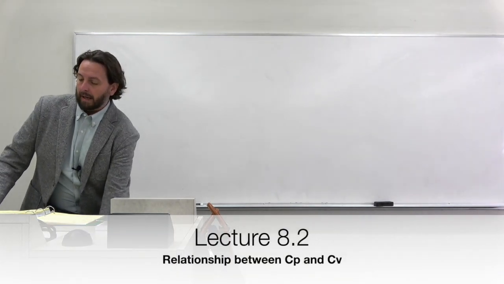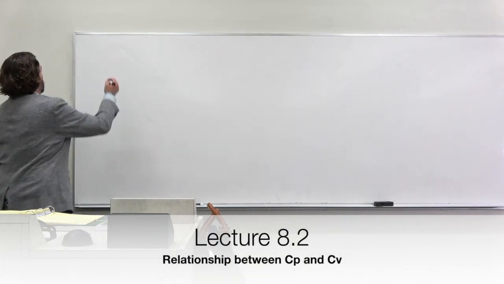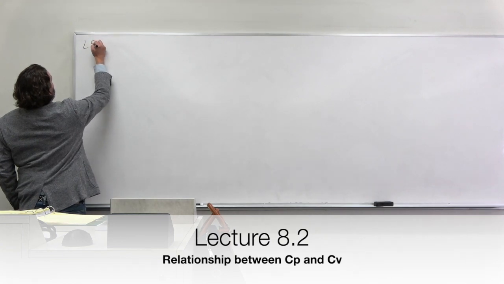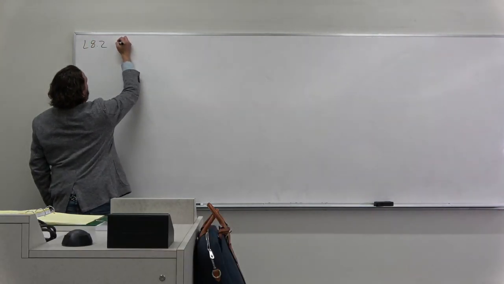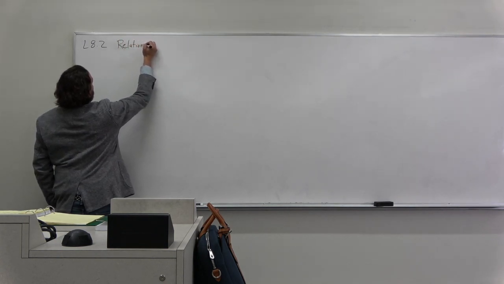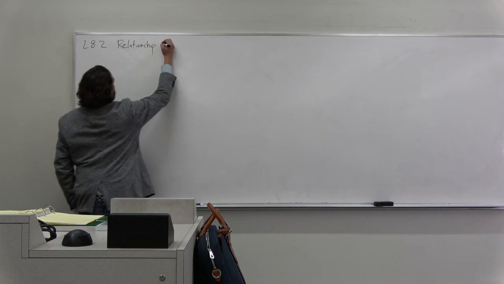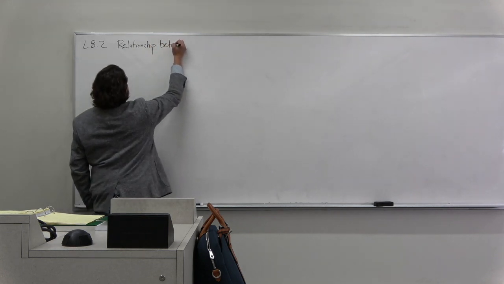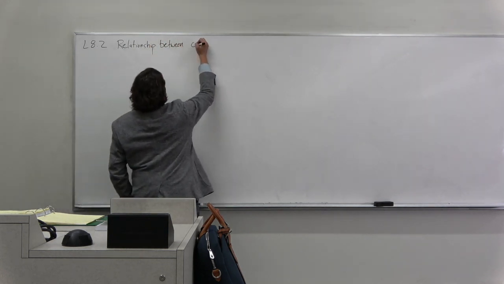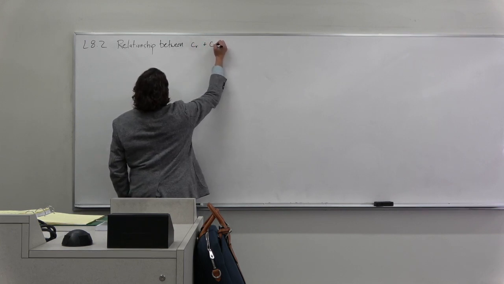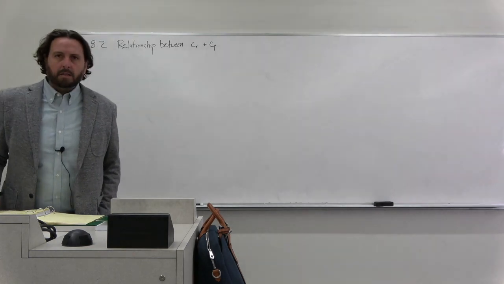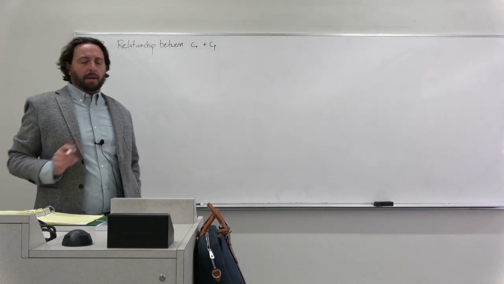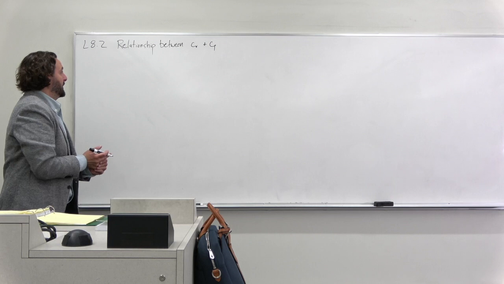Okay, welcome back. So now we're going to pick up with lecture 8.2, where we're going to discuss the relationship between CV and CP. Okay. So to do this, let's go back and start by remembering our CP.